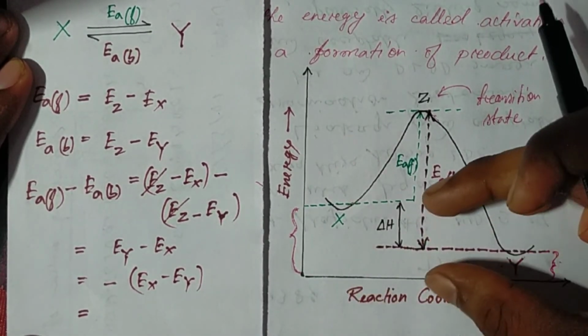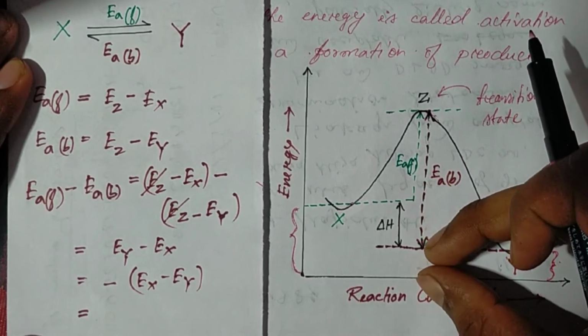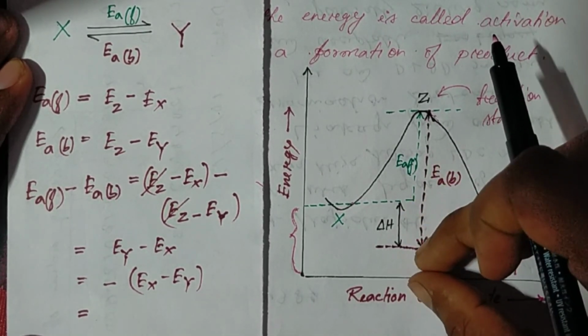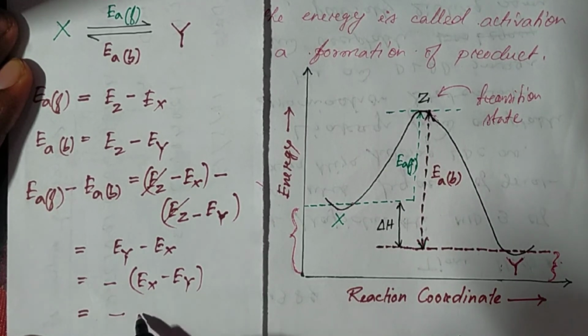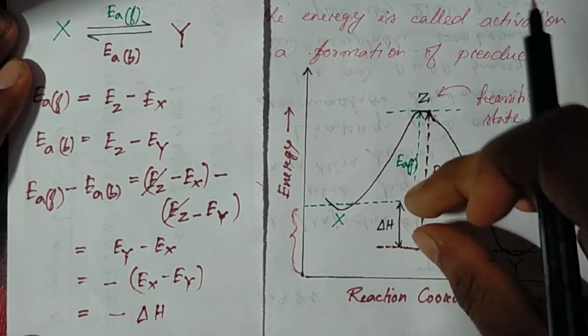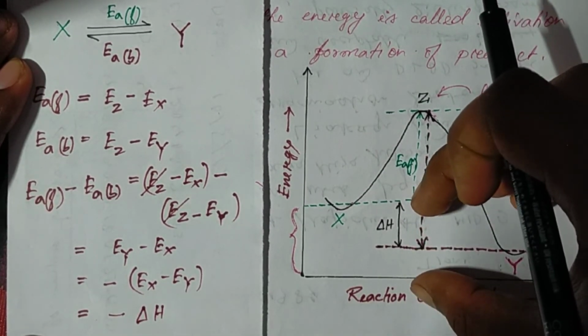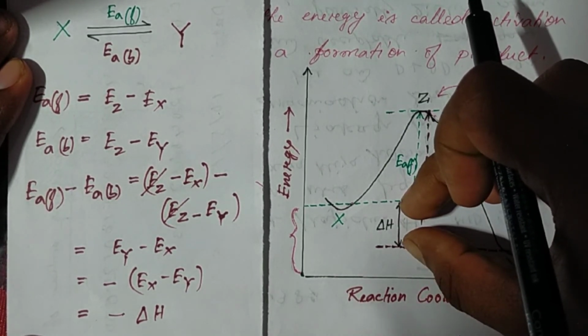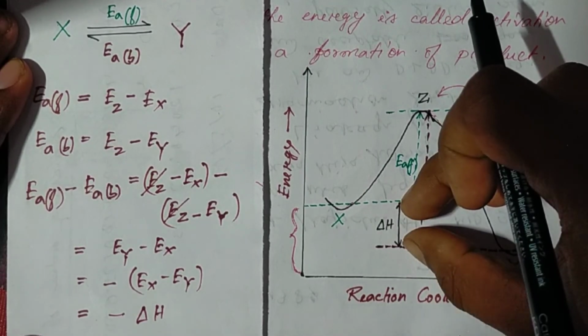So you see here, this is EY, this is EX. So EX minus EY, what is this? This is del H. EX minus EY, that means del H. Del H is the enthalpy change.